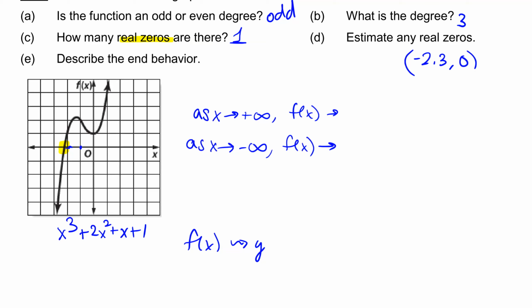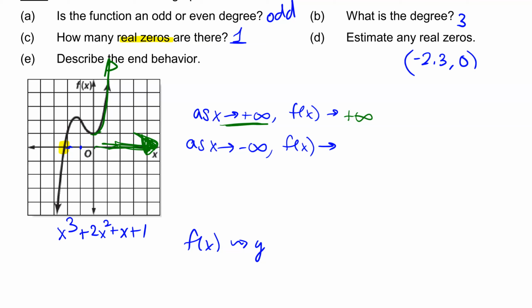Okay, so this first one: as x goes to positive infinity. Positive is to the right. As I go to the right with my x, what is happening to y? It's going that way too. It's going up as well. So that's why we say it's going to positive infinity, because as I trace my x's that are bigger and bigger, I see my y is going up.